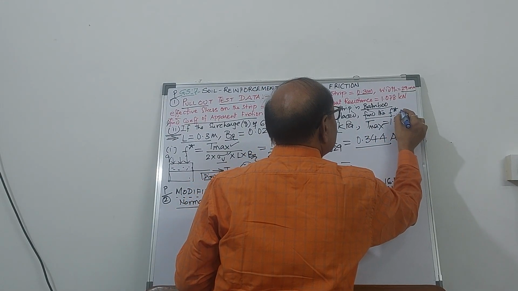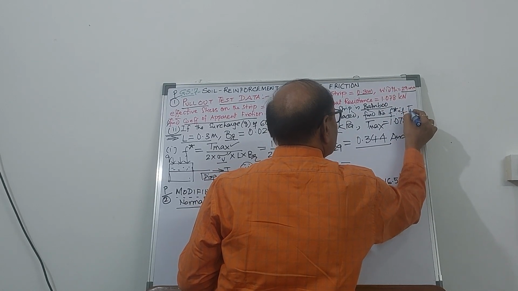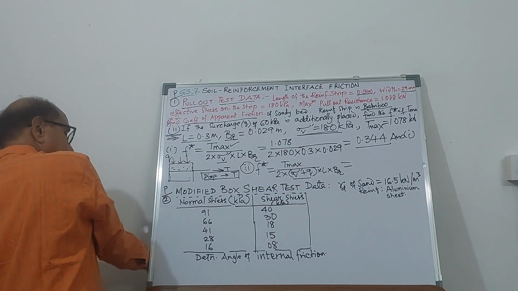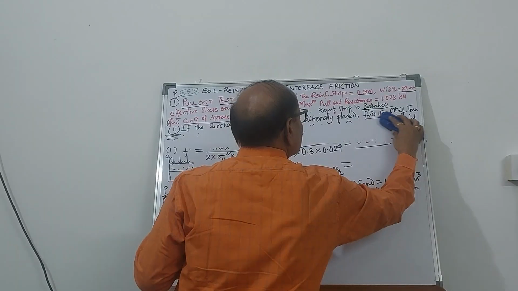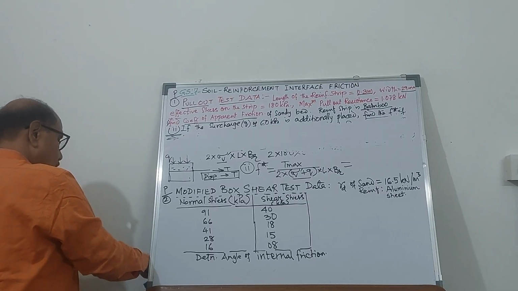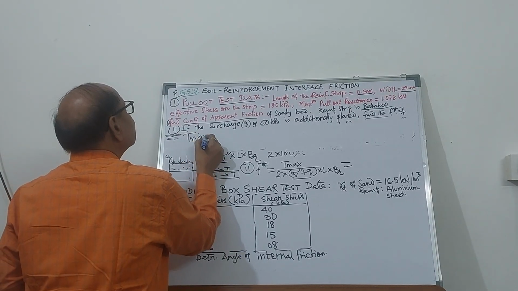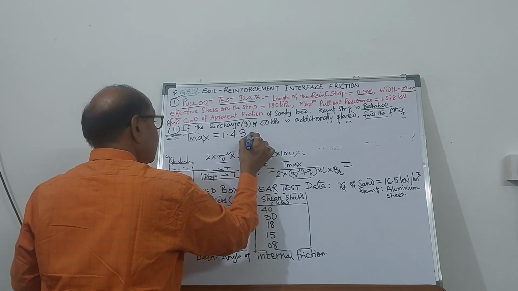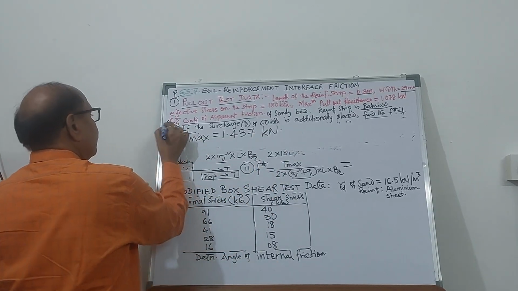Find F star if the maximum pull-out force, T max, equals 1.437 kilonewton. So this is the second part of this problem.